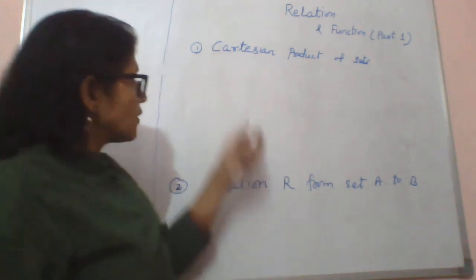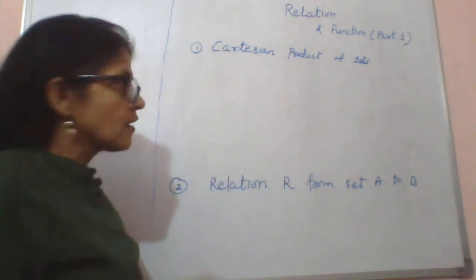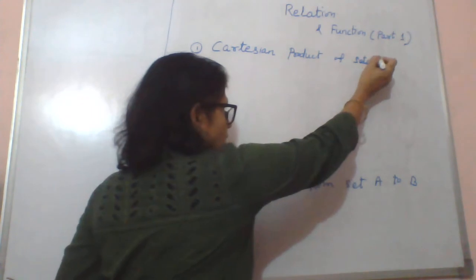Okay, so here you see, to start with, Cartesian product of sets. Cartesian product of sets means what?